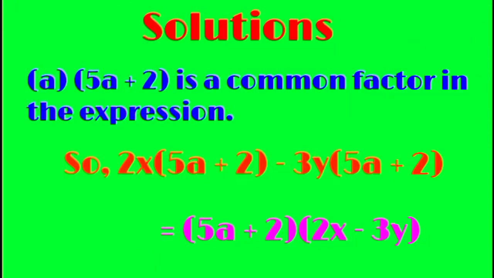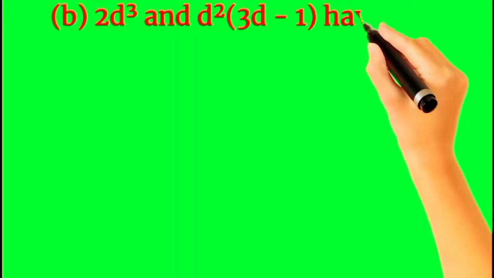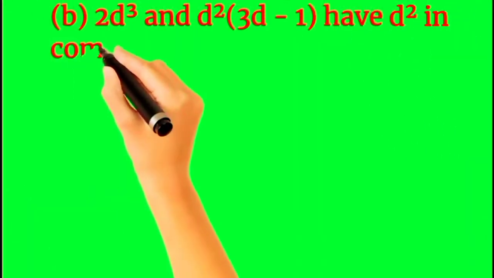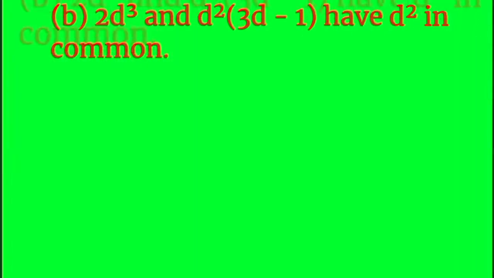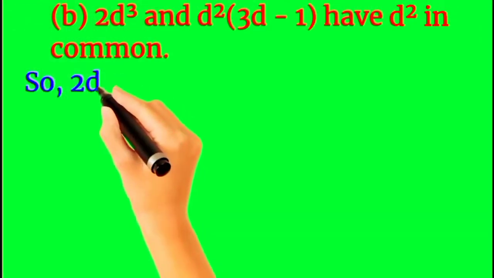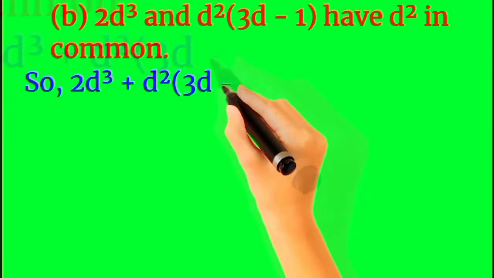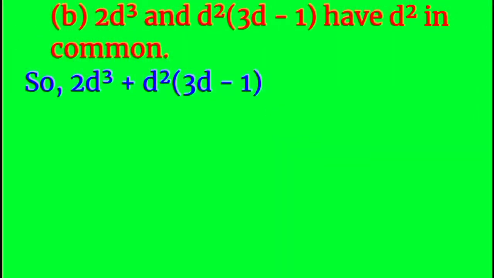Then we have the second problem here, which says we should factorize it. If you look at the expression carefully, you notice that d squared is a common factor. So you bring out the d squared and write down whatever is left in the bracket.